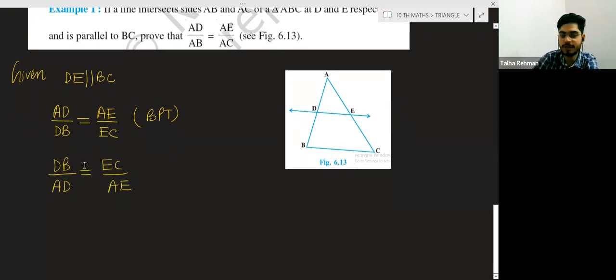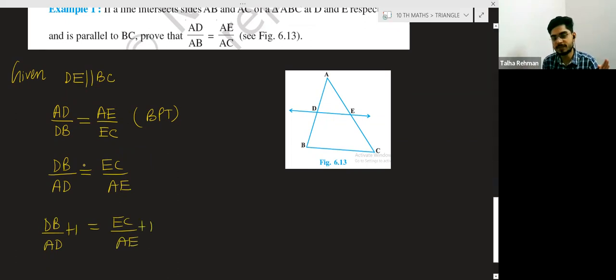Now add 1 on both sides. This will become DB by AD plus 1 equal to EC by AE plus 1. When you add plus 1, plus 2, plus 3 on the left hand side and the same number on the right hand side, there will be no effect on the equation.